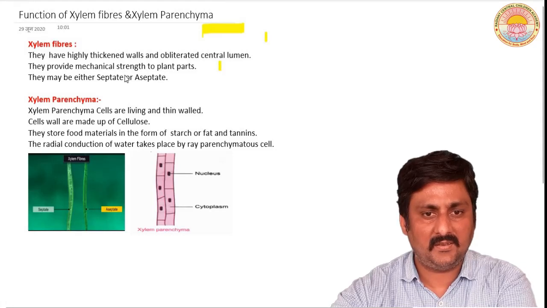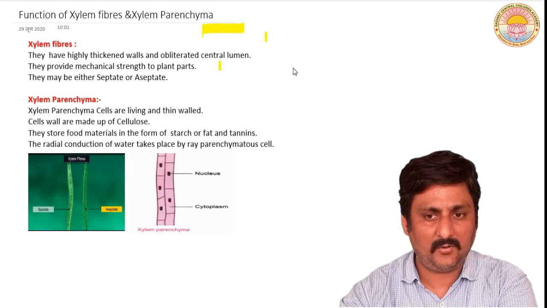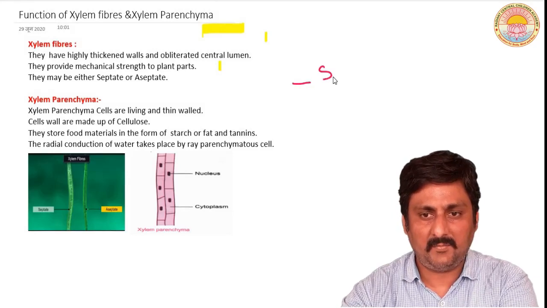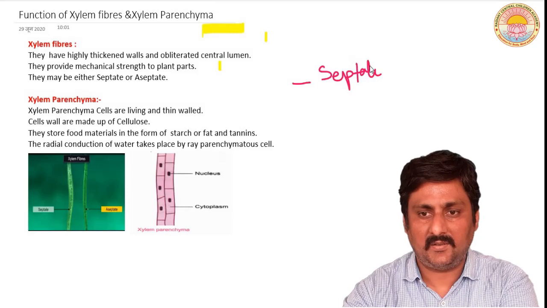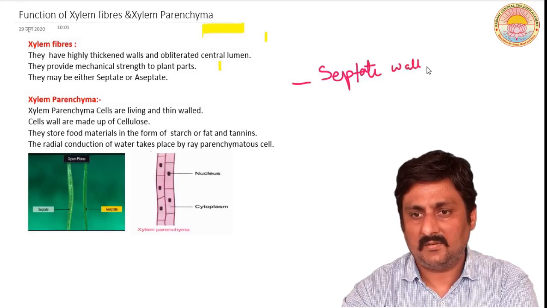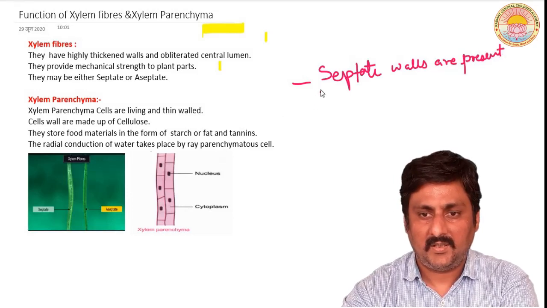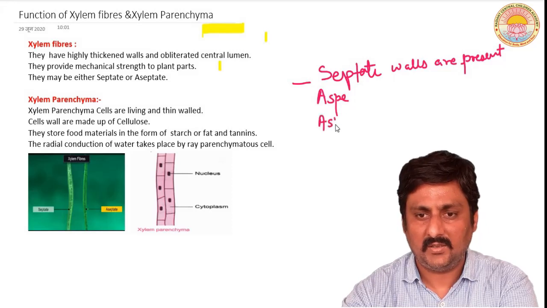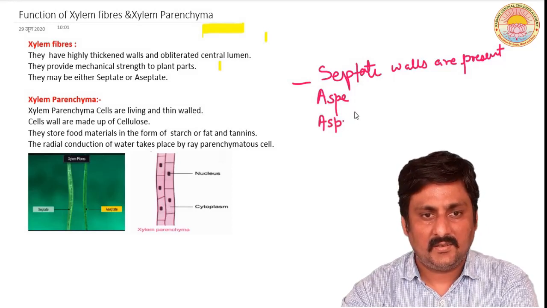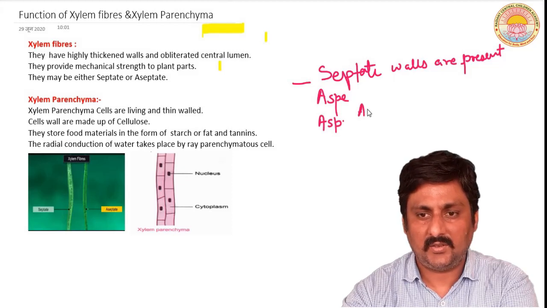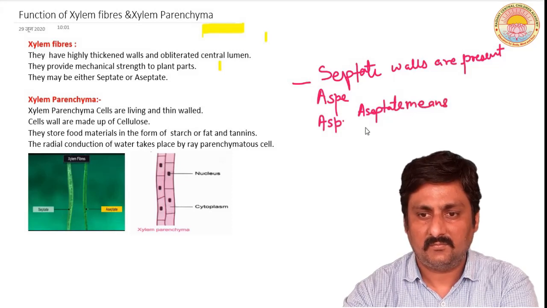They are basically dead cells. They may be septate or aseptate. Septate means walls are present in between the various cells. Aseptate means walls are not present.